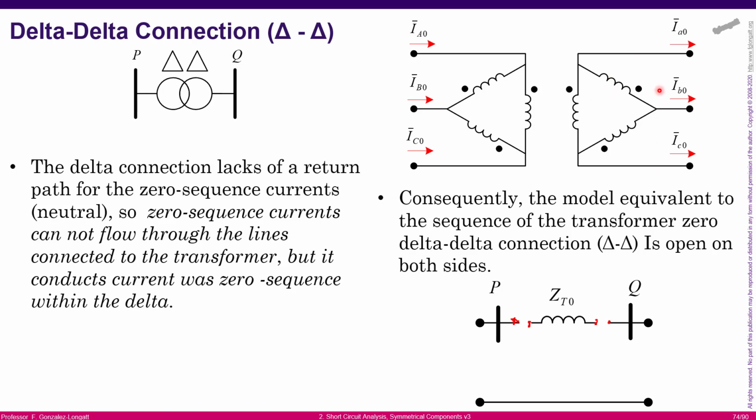The delta connection doesn't allow the circulation of zero sequence components. As a consequence, what is the representation in this case? Well, on the high voltage side, the transformer is an open circuit for zero sequence currents. And on the low voltage side, the transformer is also an open circuit for zero sequence currents.